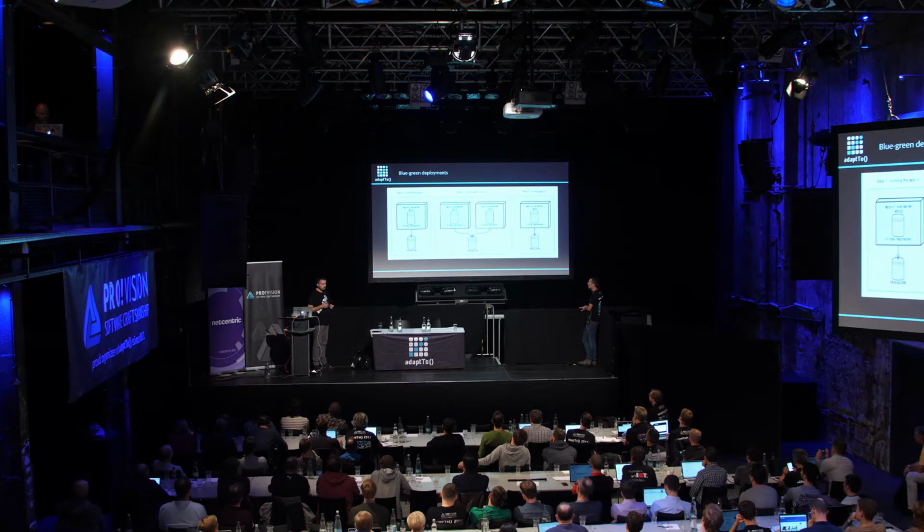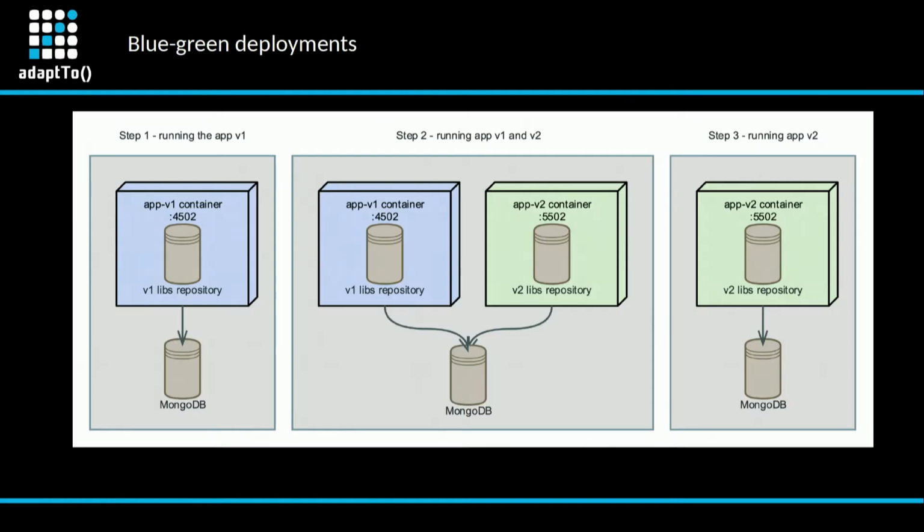So the idea is that if we use MongoDB for storing the whole content of the instance, then we can start 2 containers, and these 2 containers can actually run different versions of the application, as long as some constraints are fulfilled, and I will tell about this later.